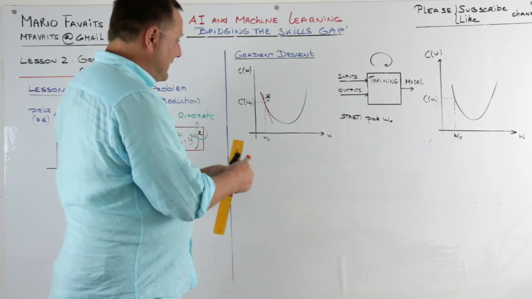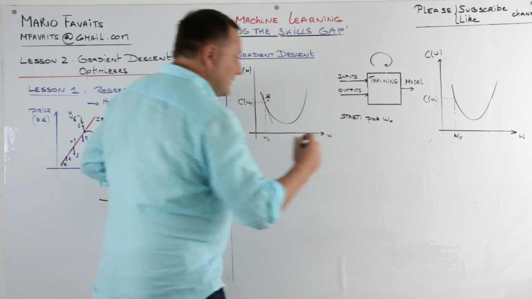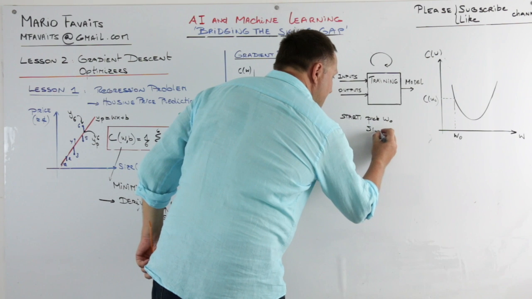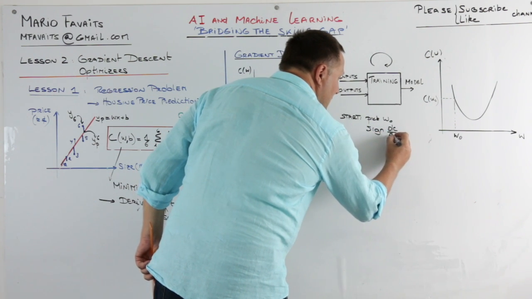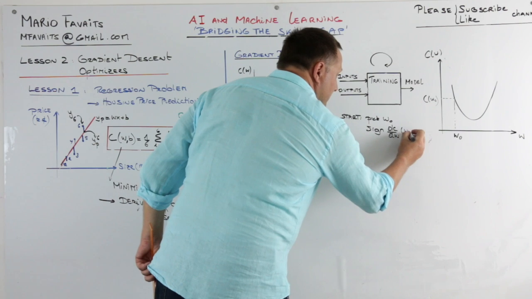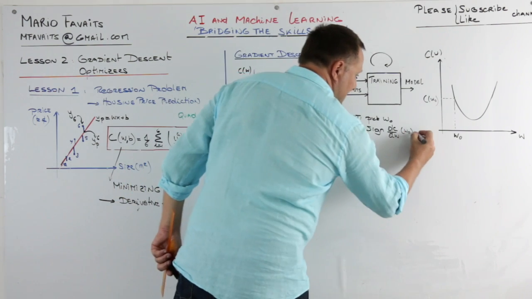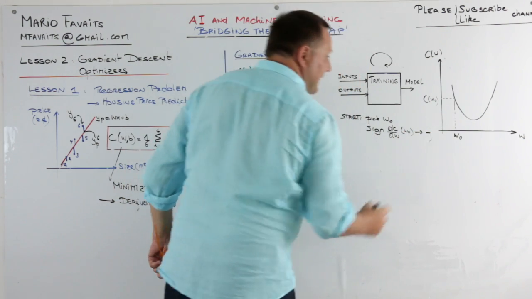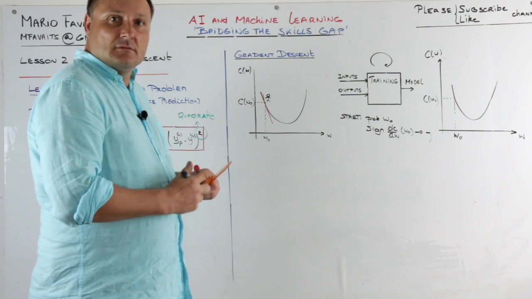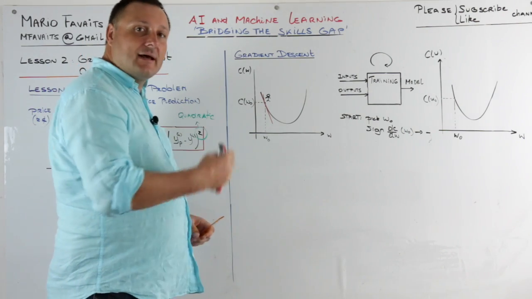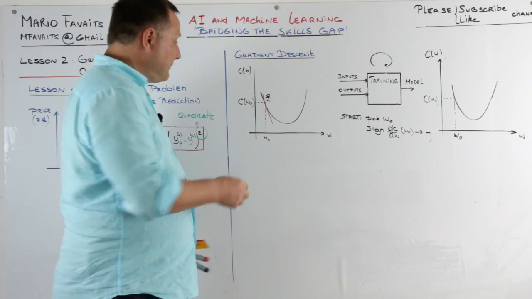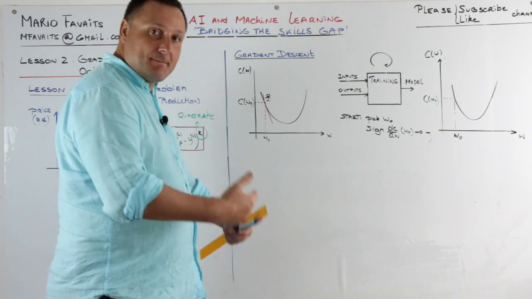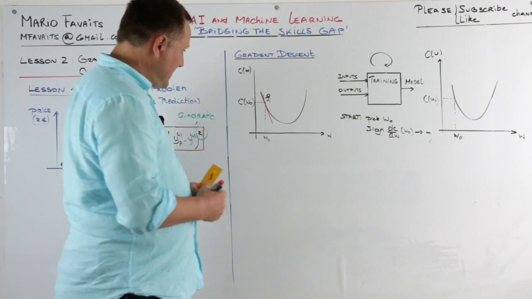So we're now going to look at the sign of the derivative in that point W0, and that sign is negative. Negative meaning we're going downhill, so we're walking in the right direction. So that person here, he now takes a step in the right direction.